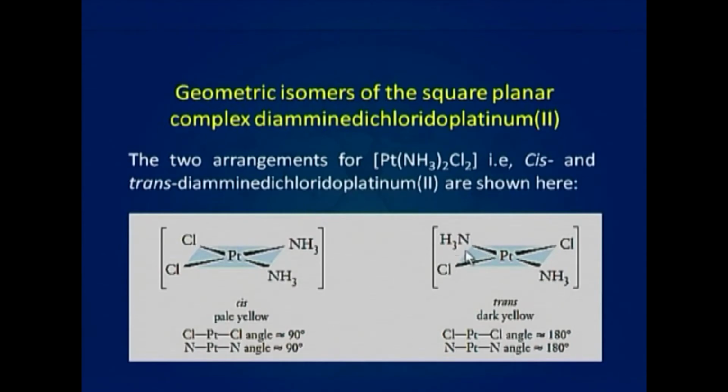In second one, the bond angles between two similar atoms are 180 degrees. Hence, this is trans isomer. The existence of two isomers of Pt(NH3)2Cl2 is evidence of a square planar geometry because the tetrahedral geometry would not give the isomers.